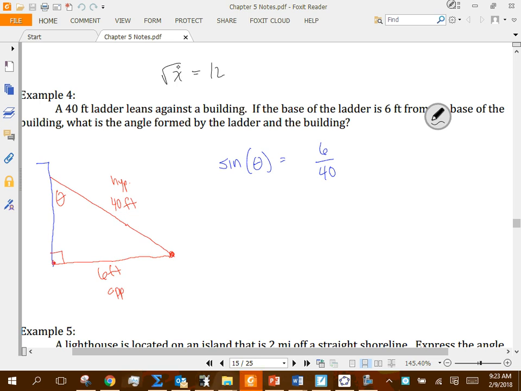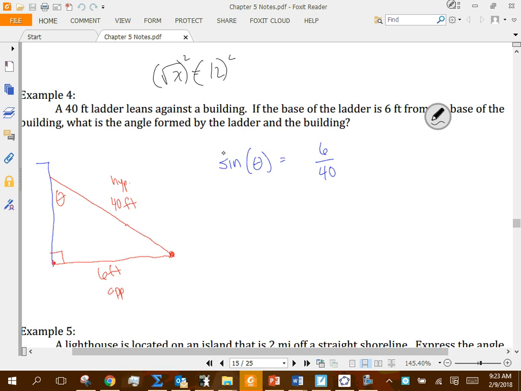I need to do something to get that x out, right? It's locked underneath that radical. Well, what is the inverse of root x? Square. So I square that side and then square this side, right? And that's going to unlock that x. Same idea here. You have to be able to unlock that theta. Square root of x and x squared are inverses, right? So to get this theta out, we're going to use the same concept.